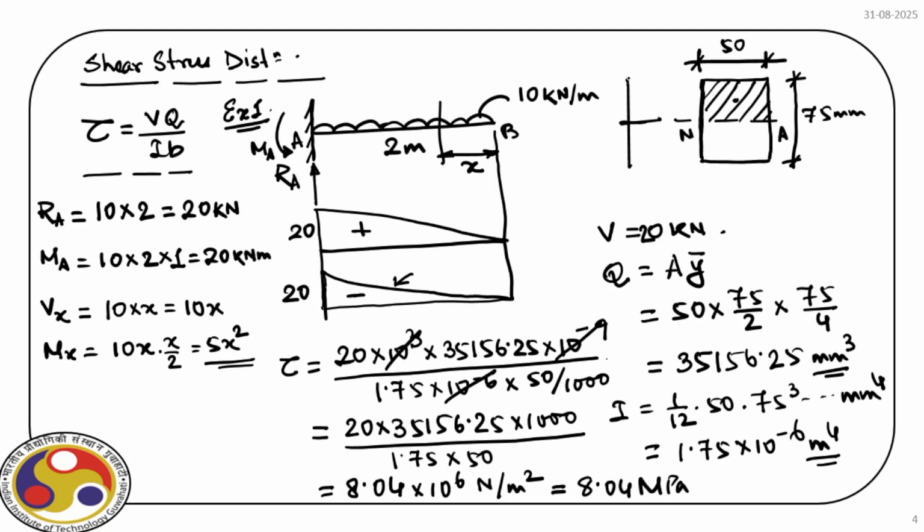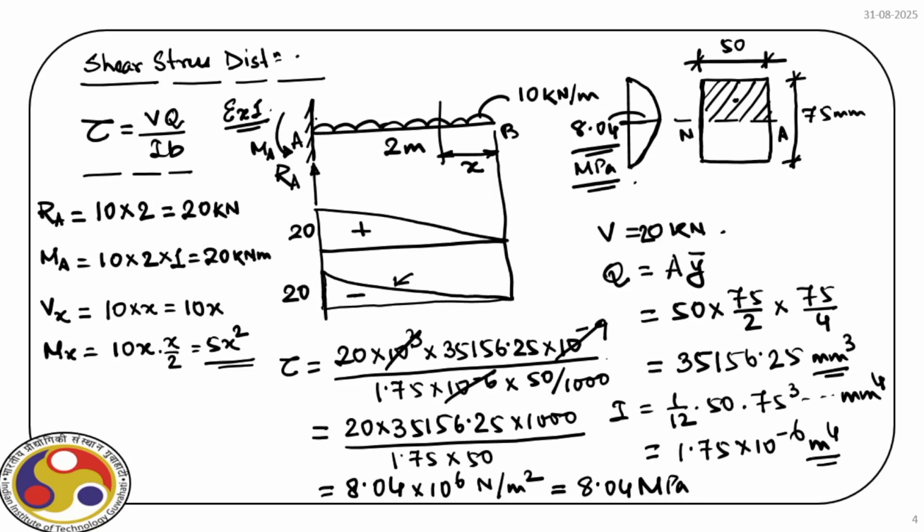Now if you draw the variation, it will start from 0, go to the maximum value, and which is symmetric, and this value is 8.04, right, which is in MPa. So that's the shear stress distribution for this beam at the end A, where we have the support.